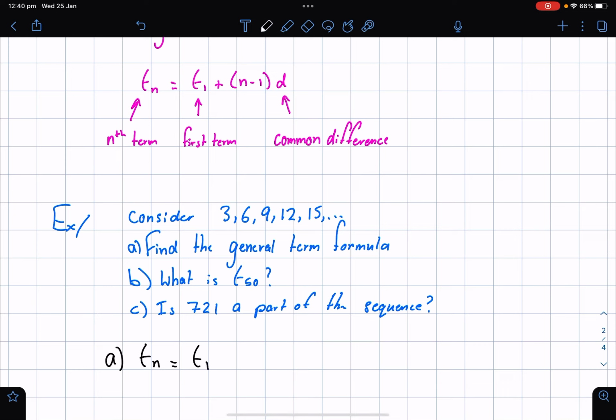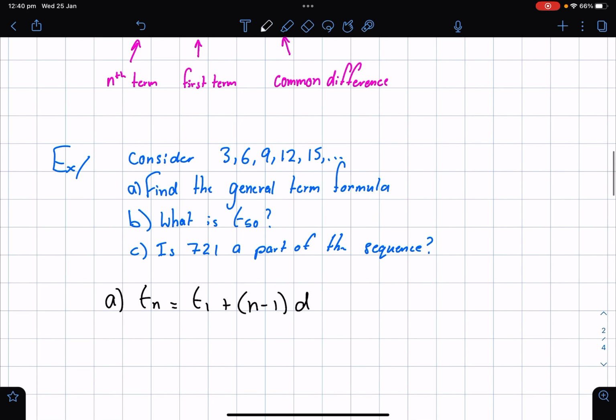So Tn equals T1 plus n minus 1 times by D. Now we need two bits of information. We need T1 and we need D. Now T1 is really easy to find. It is the first term in our sequence. So T1 is equal to 3.